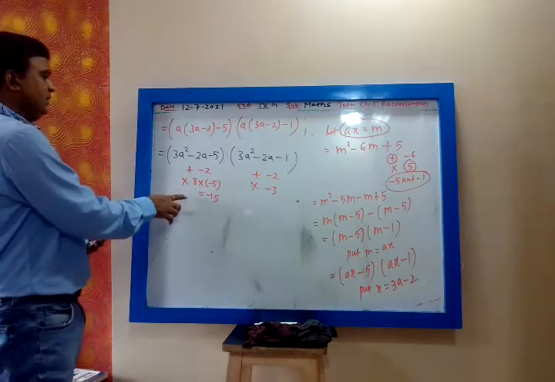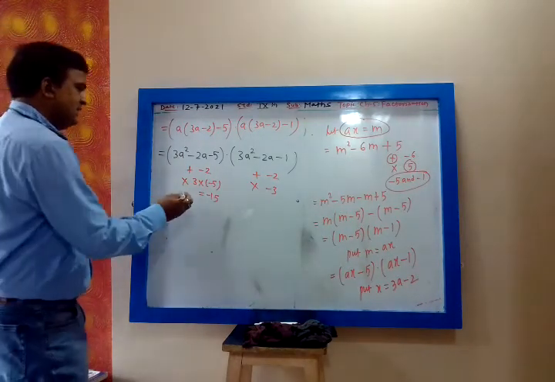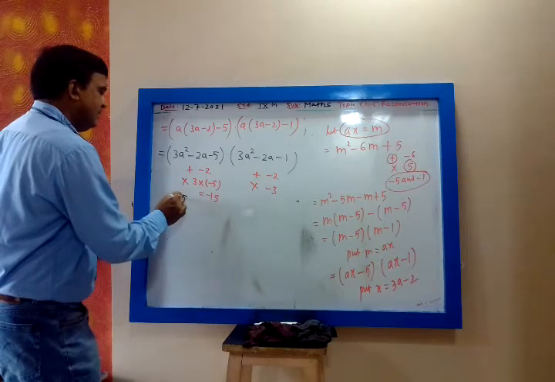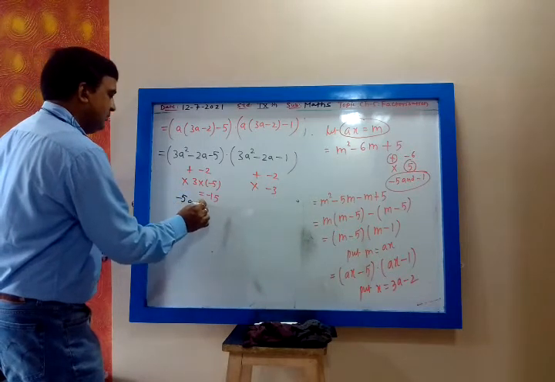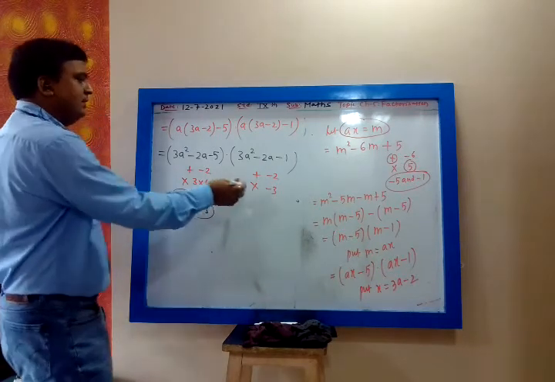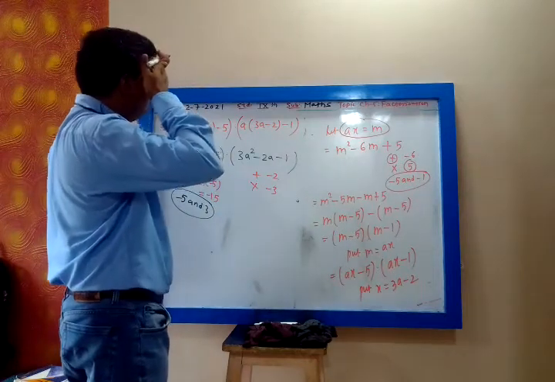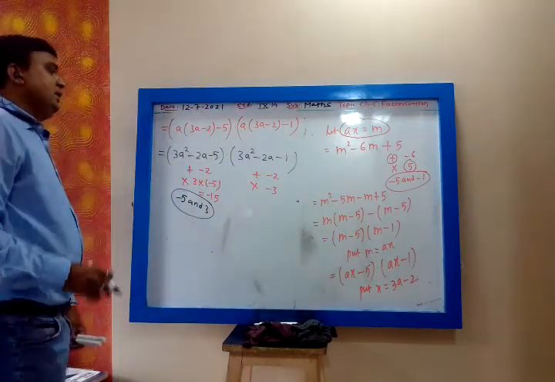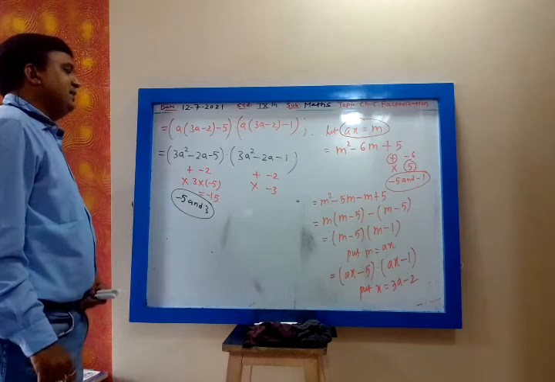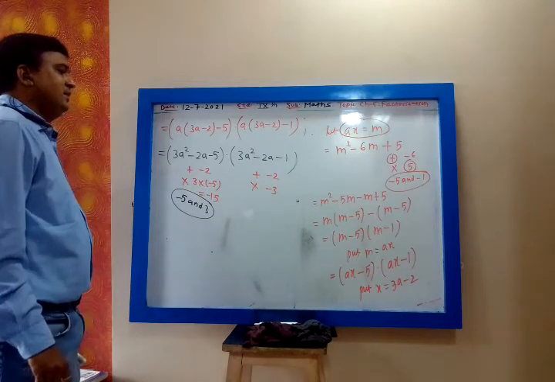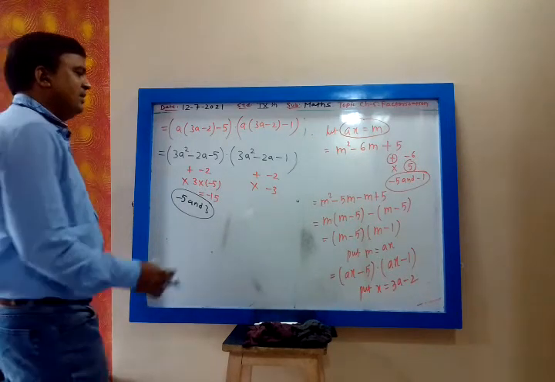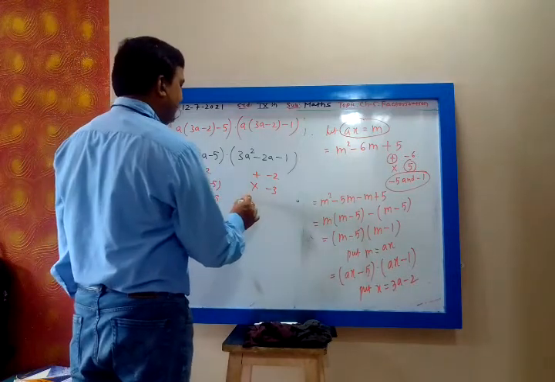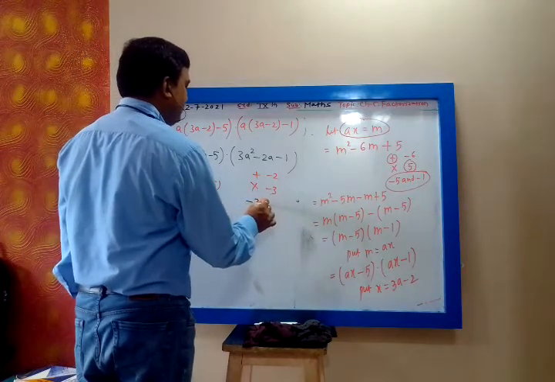In the first, the numbers will be minus 5 and plus 3. In the second, find two numbers whose sum is minus 2 and multiplication is minus 3. What are the numbers? Minus 3 and plus 1.